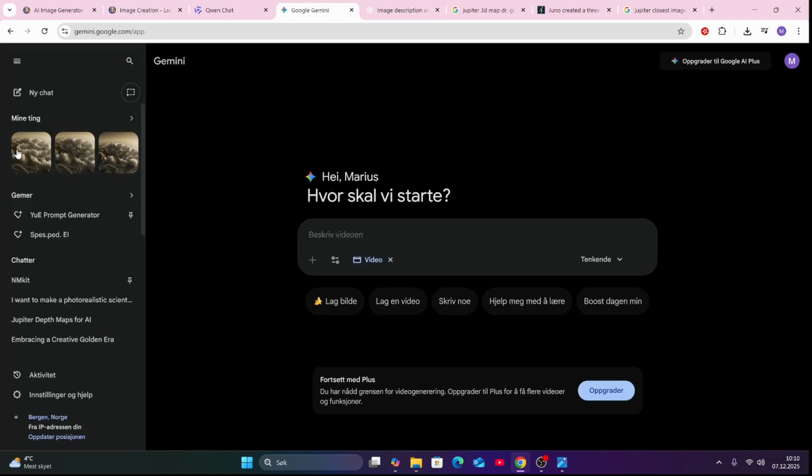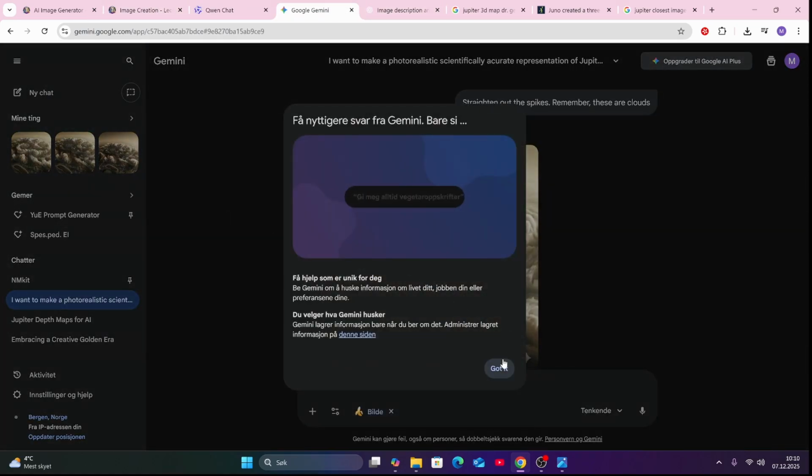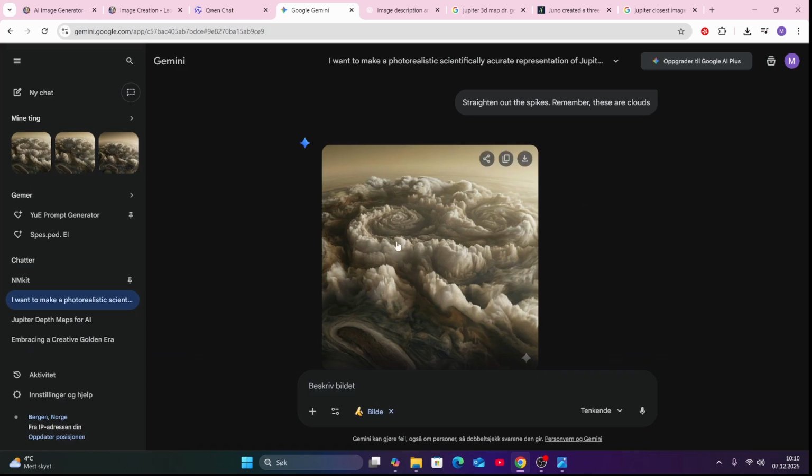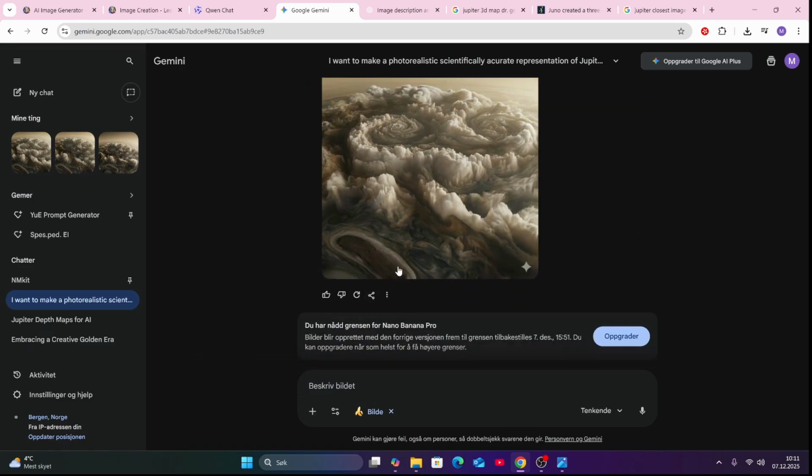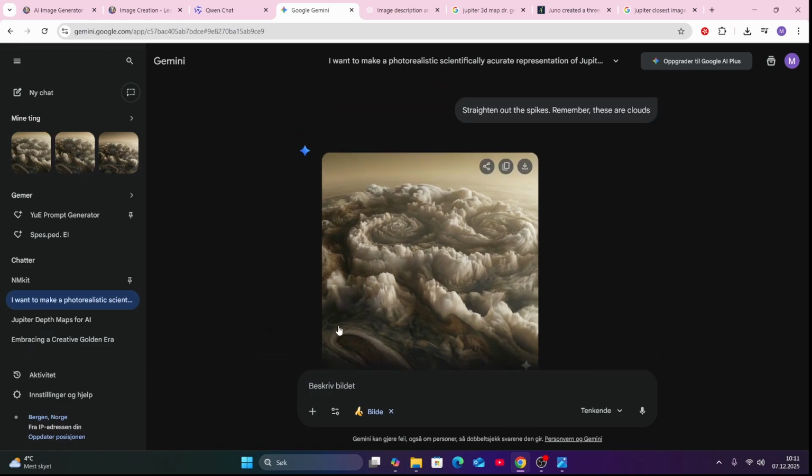But I do think Qwen did the best job, even though Nano Banana by Google immediately just plopped everything together. But you see, it doesn't look realistic at all. This is not how Jupiter's clouds look. Everyone gets that when they see it, for a whole bunch of reasons, like the horizon here. Why is that totally flat while all of this is going on?